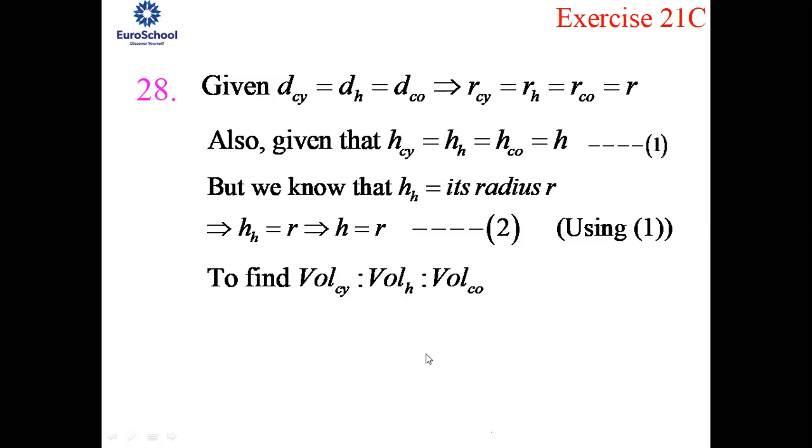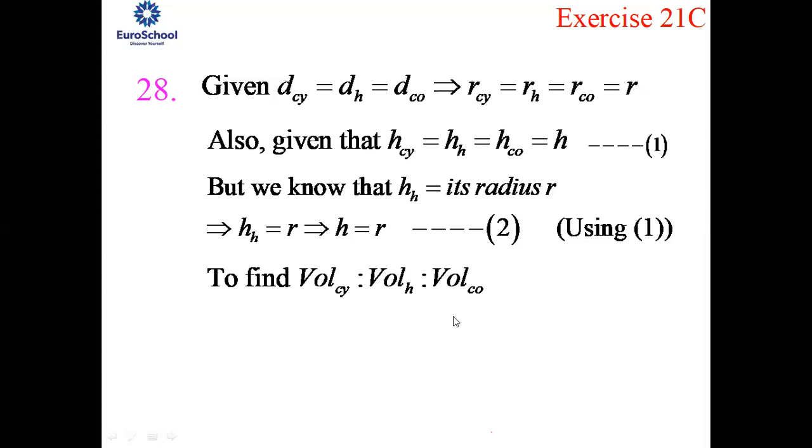You will get 1:2:3 or 2:1:3, depending on the order you have taken. As they have asked you to prove that their volumes are in this ratio, you have to take it only in the order given in the question. In the question you have the cylinder, then the hemisphere, and then the cone. So we'll take it in the same order.